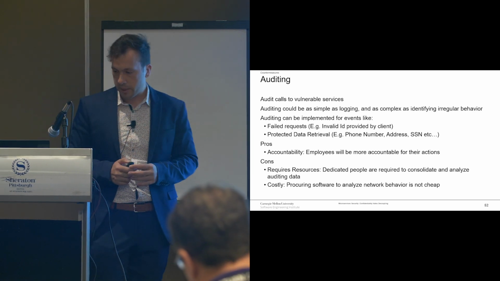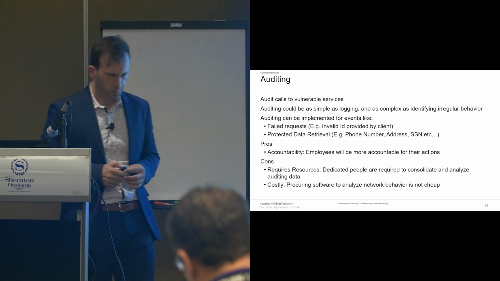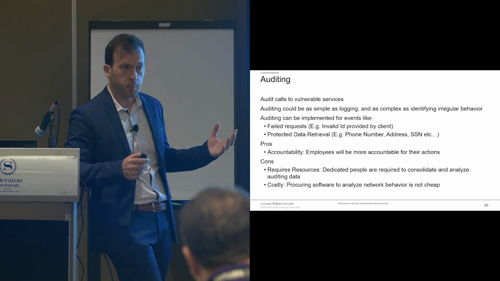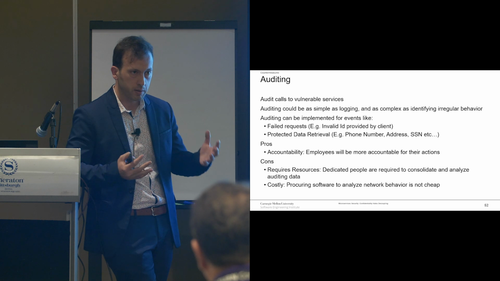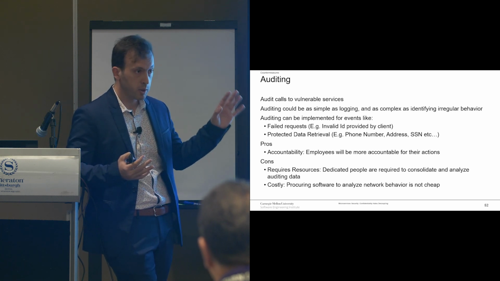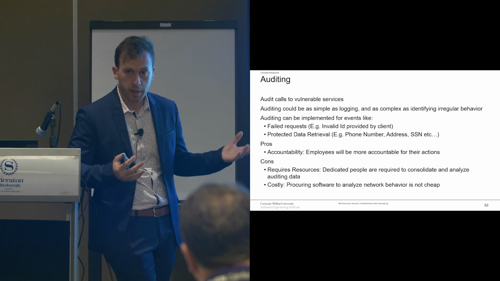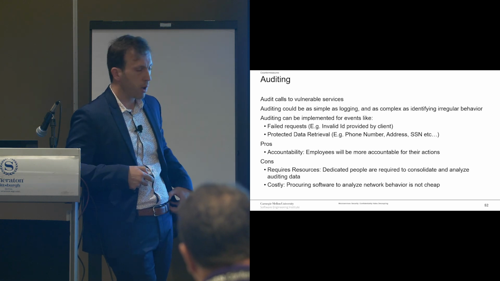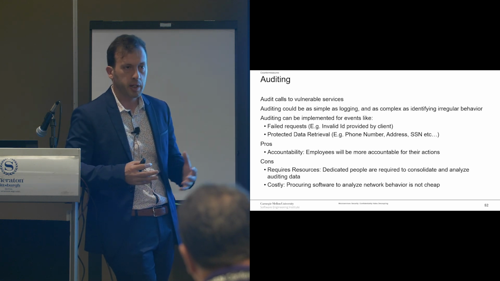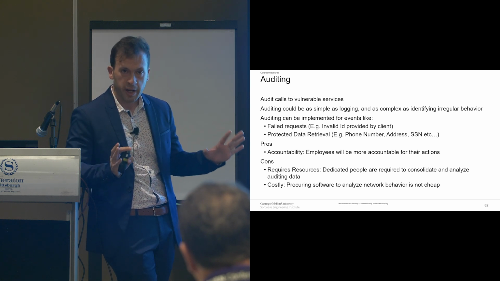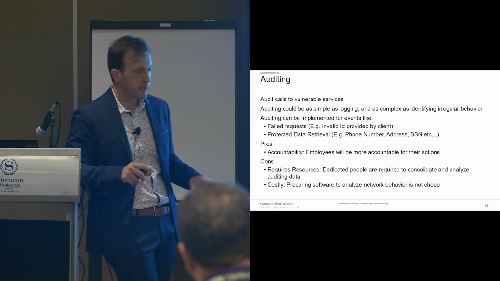The third solution is auditing. Auditing could be very simple, just logging of requests, so we know what each employee is doing. Or it could be complex, like deploying software that identifies abnormal behavior of users.